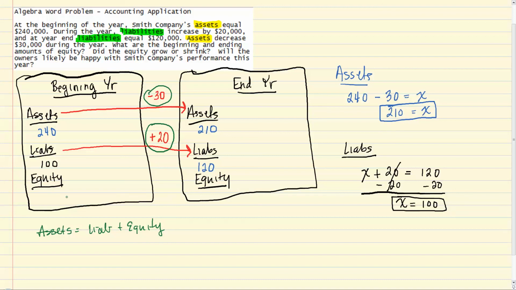Our unknown is equity, so we can just put an x here for equity. We know liabilities are 100. Assets are 240. To solve for x, once again, we subtract 100, and 140 is equal to x. So our equity at the beginning of the year was 140.